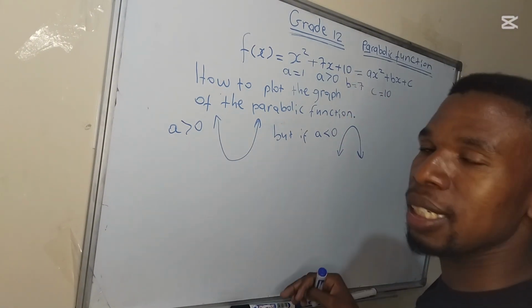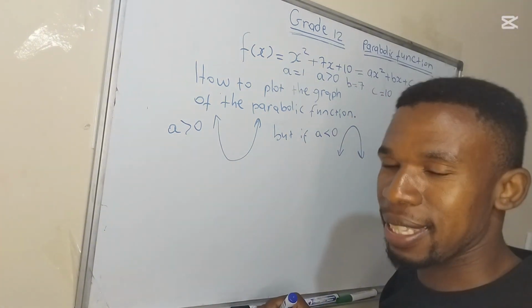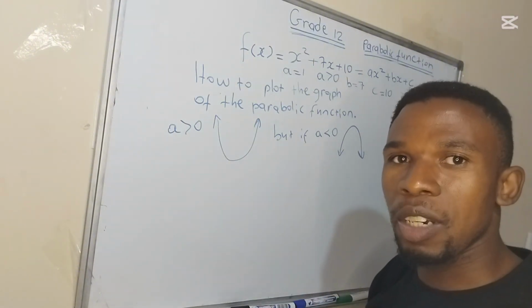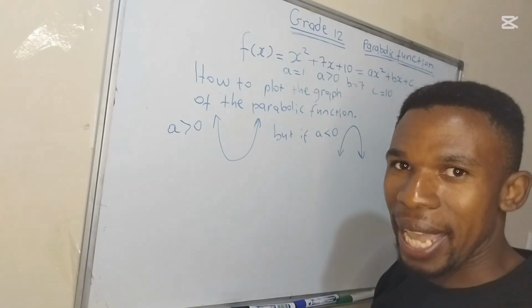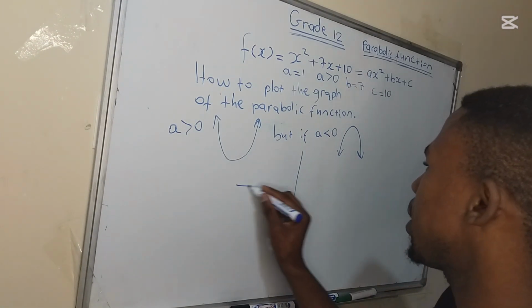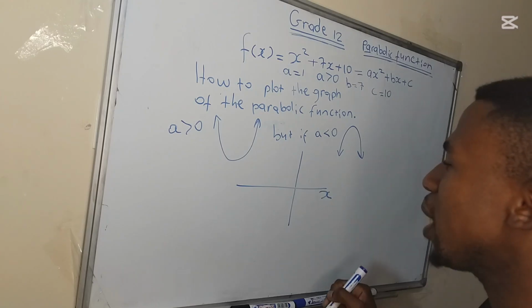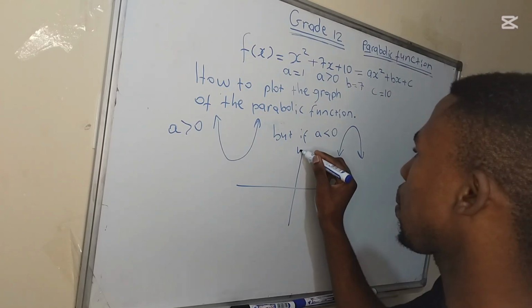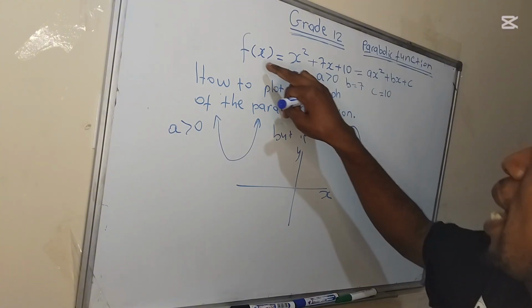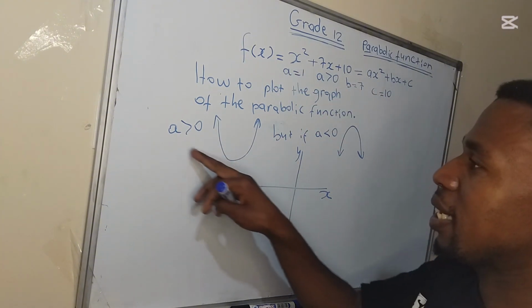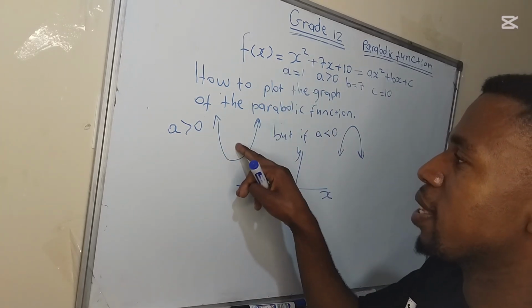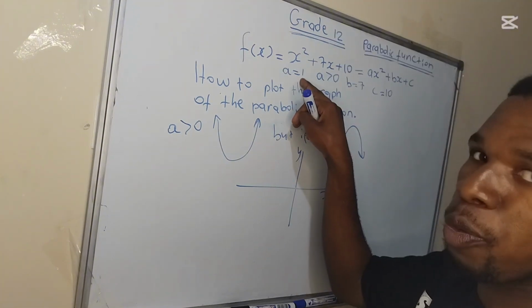Then 10 is the y-intercept, meaning that is whereby our graph is intersecting with the y-axis. This is our Cartesian plane, right? This graph represents this equation, and our value of a is positive 1, right?